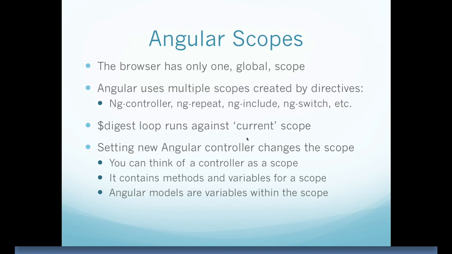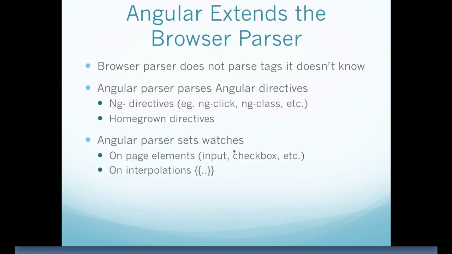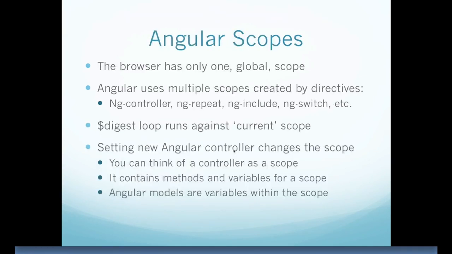You can find the list in the documentation. As we mentioned, digest always runs against the current scope, as we saw in the HTML inside of an ng-controller. And this is actually an important point for the MVC pattern we'll see in the router. When you set a new controller, you're changing the scope.